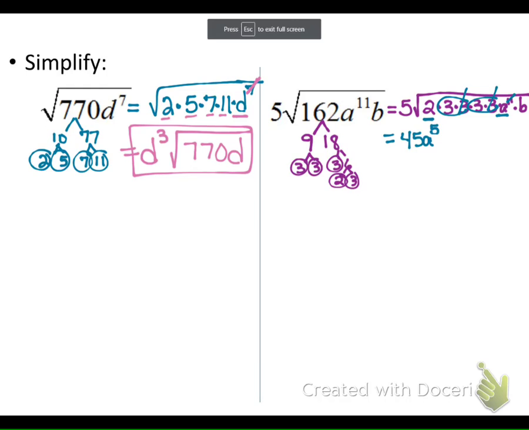If there's only 1 b in there, that's an odd number, right? And if there's only 1, that 1 b is going to stay put. Okay? So on the inside here, what number is going to stay in my radicand? 2. And what variables? a, because it was odd, and b, because it had an odd exponent.